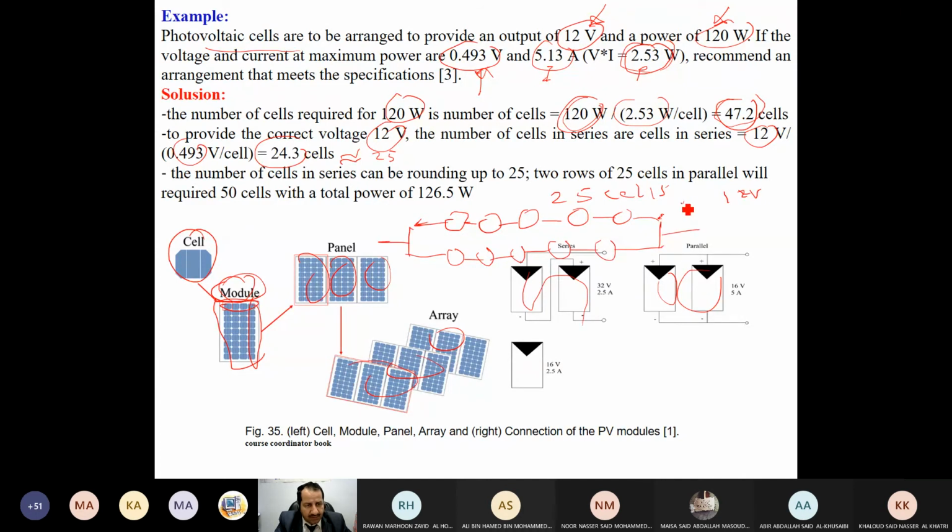The voltage is still 12 volts, but the current increases here and here. It will give the 120 watts. If I do the right calculation, 25 in series and 2 branches in parallel, then I have 50 cells, and I get 126.5 watts. I will stop here. Do you have any questions?